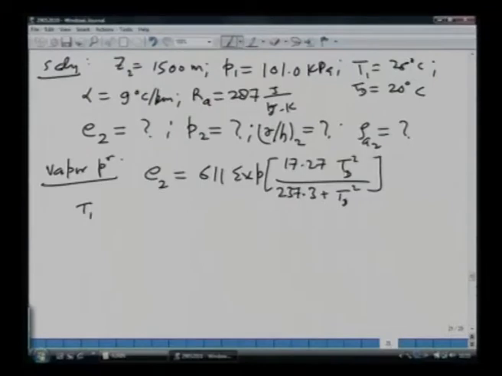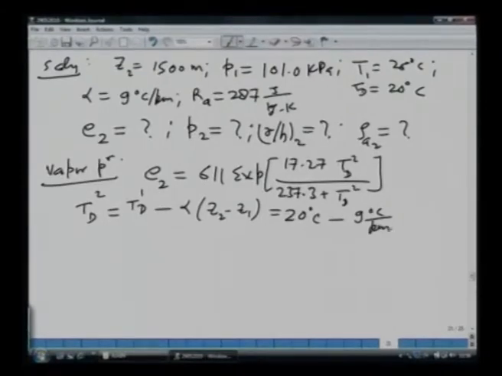The dew point temperature at height 2 would be the temperature at 1 minus alpha times Z2 minus Z1. Now, TD1 is given to us as 20 degree centigrade, minus 9 degree centigrade per kilometer as your lapse rate, times Z2 minus Z1, which is 1500 meters.